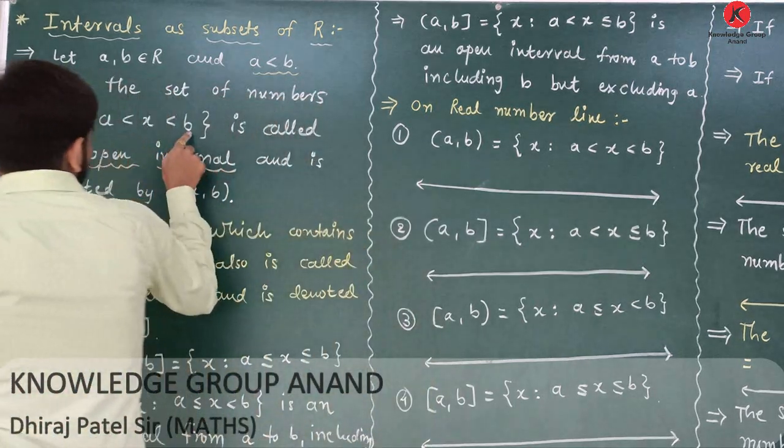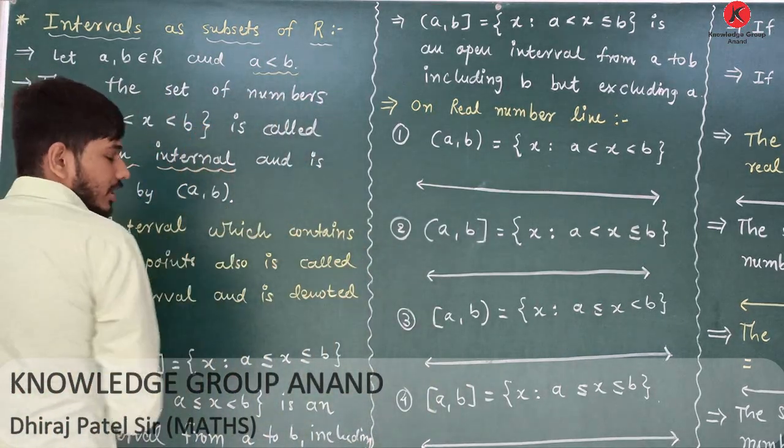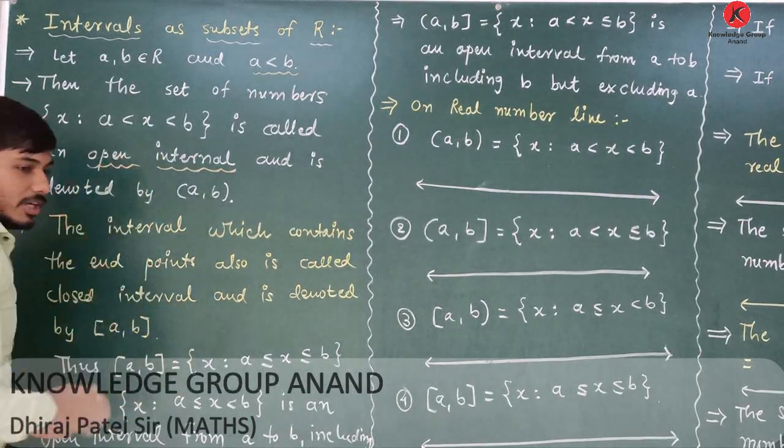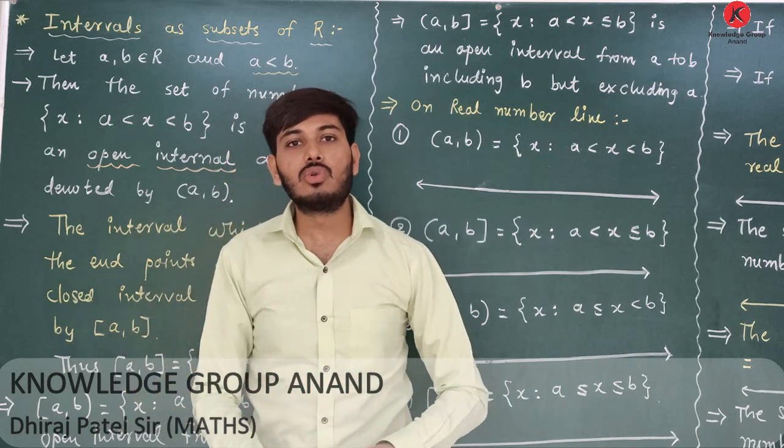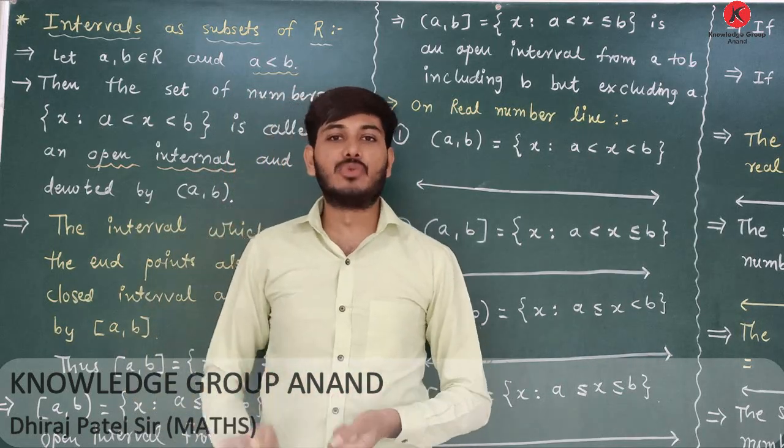Here x belongs to R is the condition. It is not given here. If the condition x belongs to R is not given, then you have to take it by default.